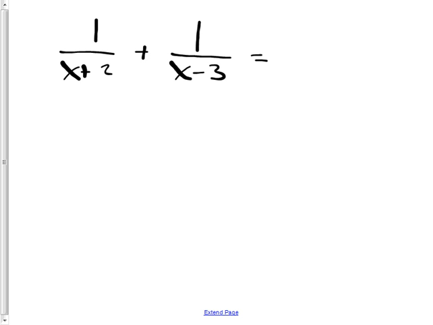I'm going to give you one of these. 1 over x plus 2 plus 1 over x minus 3 is equal to, let me see what number 1 was like. Excellent.